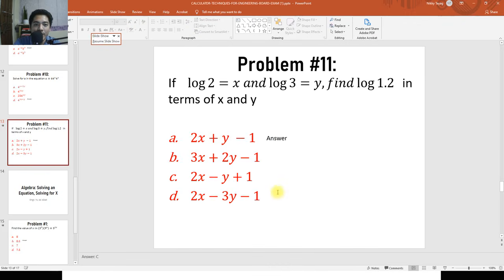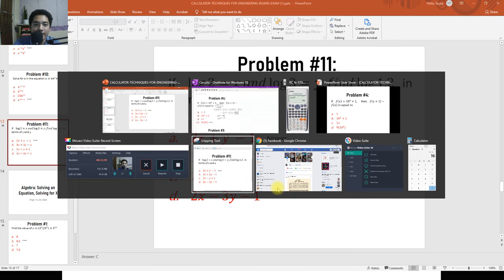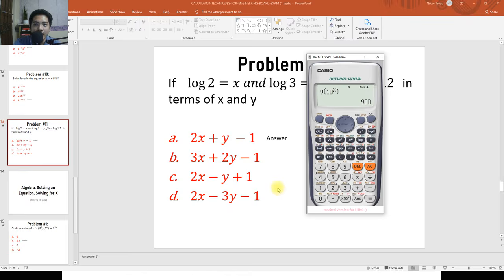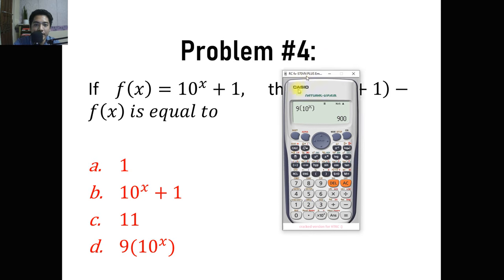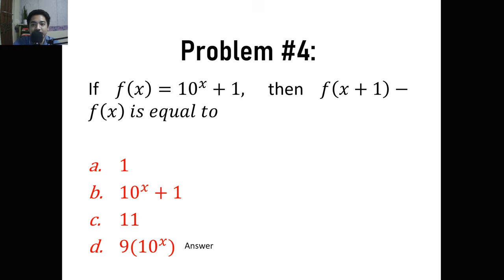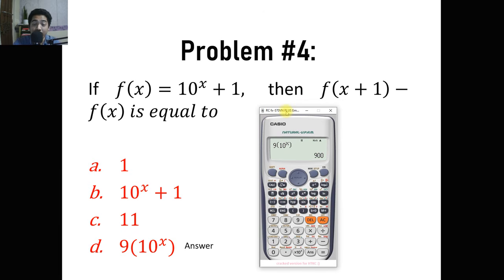So, that's how we get the answer for that example. Letter D is the answer. I hope that is clear. So, any x that you're going to use except 1, because sometimes 1 is dangerous. So, better to use 2, 3, 4.